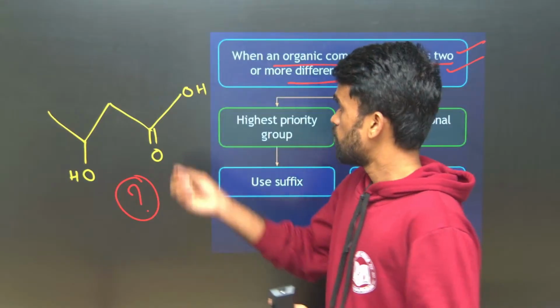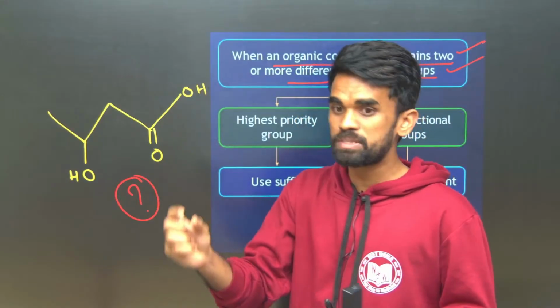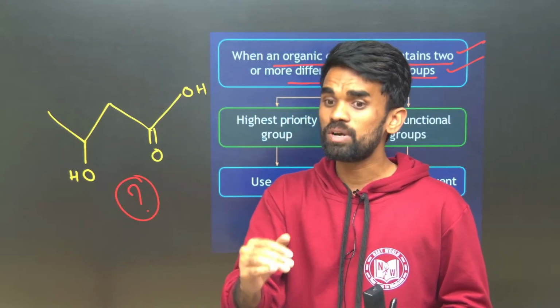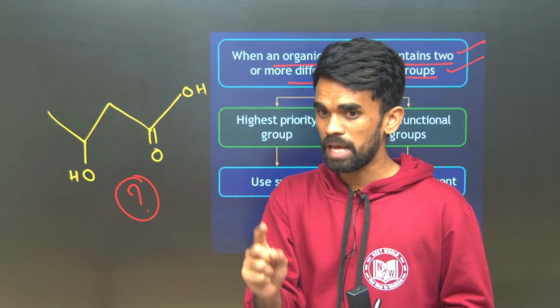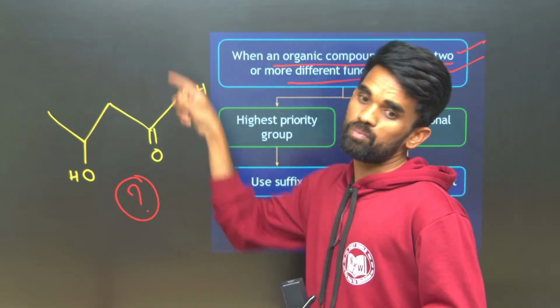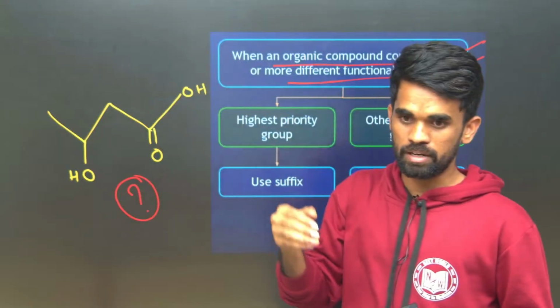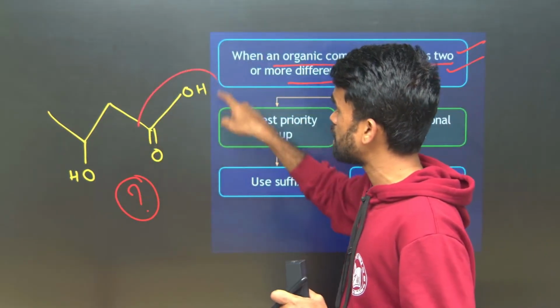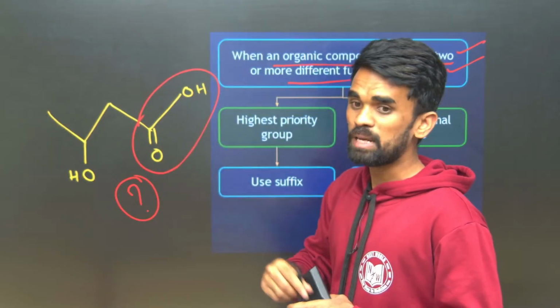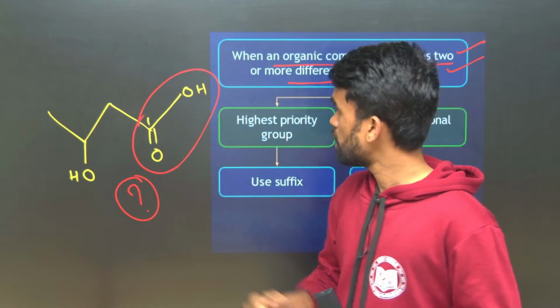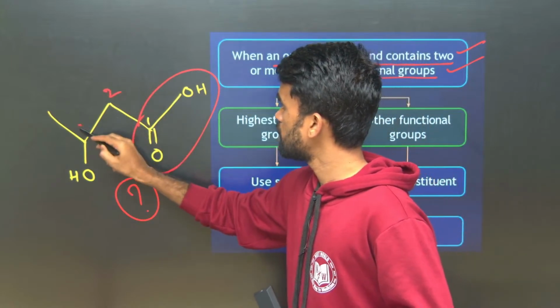Whenever we have multiple functional groups in the given organic compound, we need to follow a rule, the priority rule. Based on the priority rule, functional groups are arranged from most priority to least priority. In that order, carboxylic acid is most prioritized, so we should start our numbering from the carboxylic acid side, 1, 2, 3, 4.